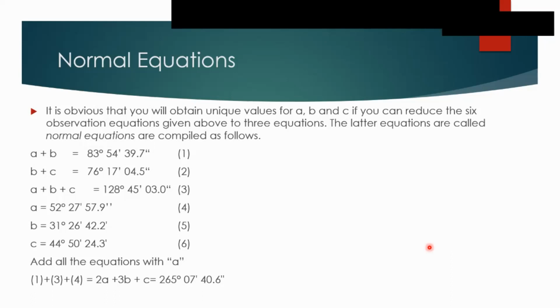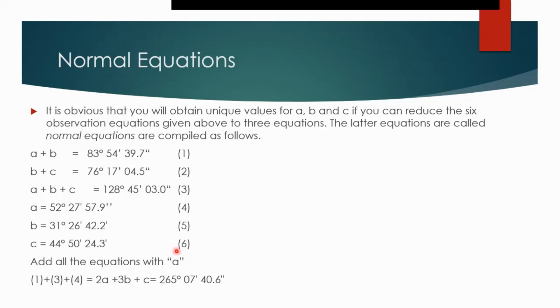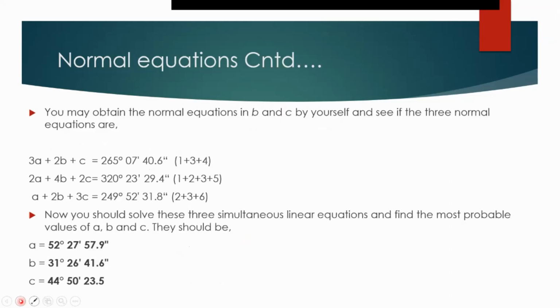Now you can see in this presentation, these equations are obtained. These are the three equations. So the most probable values for A, B, C are found using normal equations.